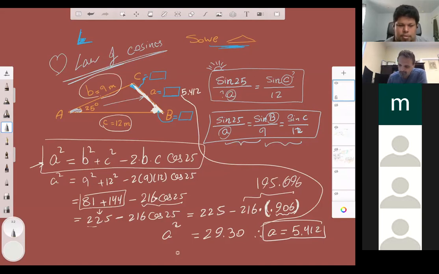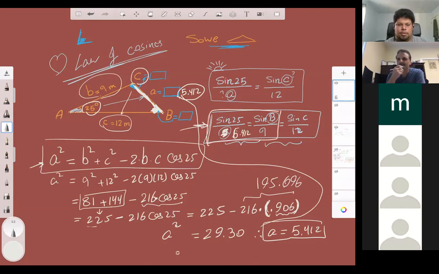Now we can use law of sine, because we can say sine of 25 divided by 5.412 equals sine of c divided by 12. Correct? So we can apply law of sine. If you use law of cosine, that's fine, but law of sine works. Instead of this A, I can put 5.412. Good. Then you will solve for sine of b.